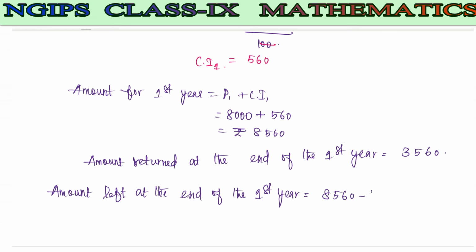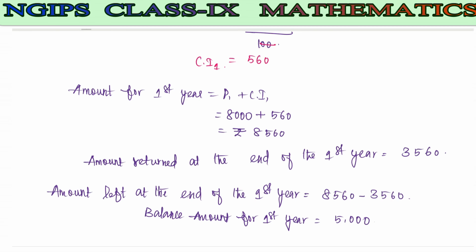If you subtract 3,560 rupees, the balance amount for first year is equal to 5,000 rupees.